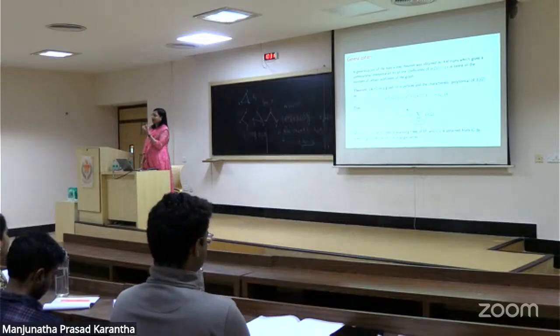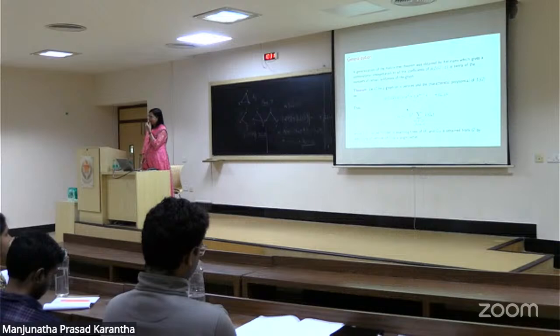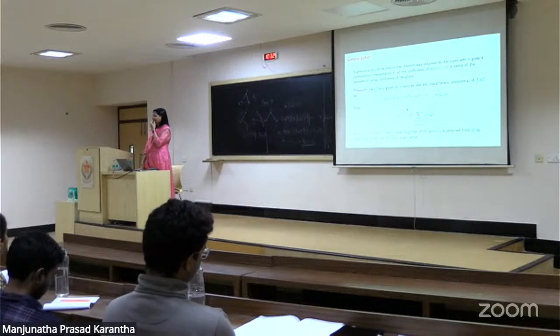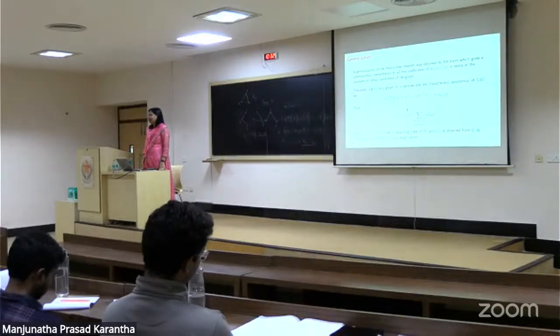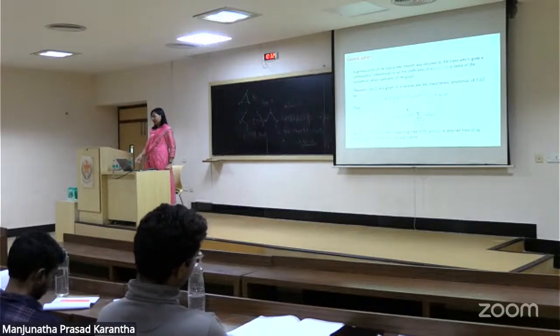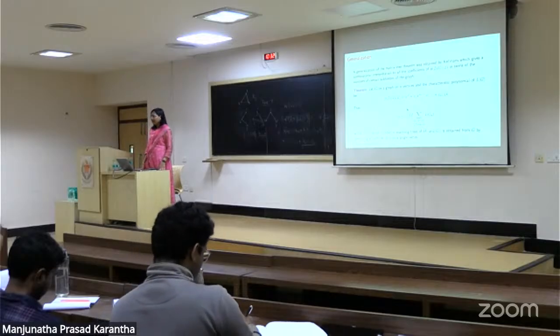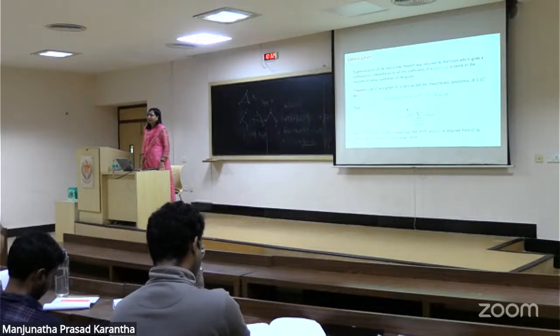C3 was representing the number of triangles. Right? So here I am asking what is C n minus 1. C n minus 1 is given as the number of spanning trees times n. Okay. So all these coefficients can also be computed. This is the generalization of the matrix tree theorem. So like the adjacency case, all the coefficients we know how to calculate. Here also all the coefficients can be calculated.